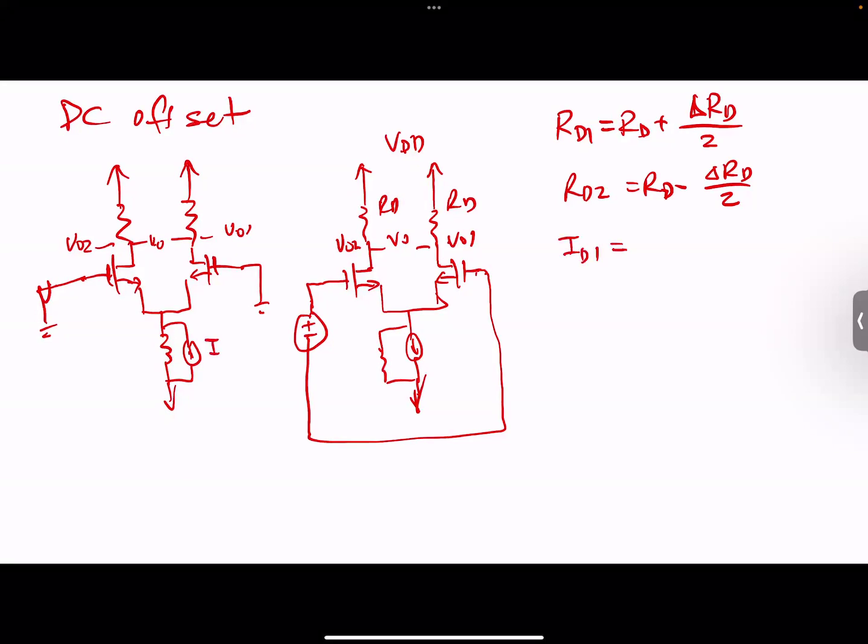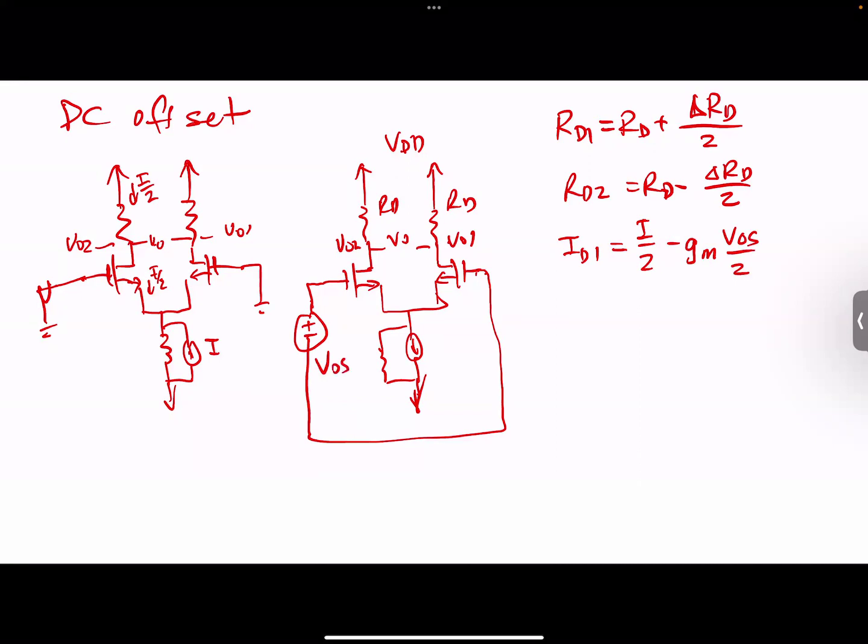Now this is I, so each of these is going to be 1/2 I. So we're going to have ID1 equal to 1/2 I minus GM times VOS over 2. So this is VOS.